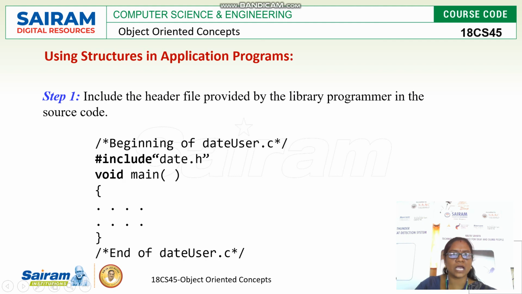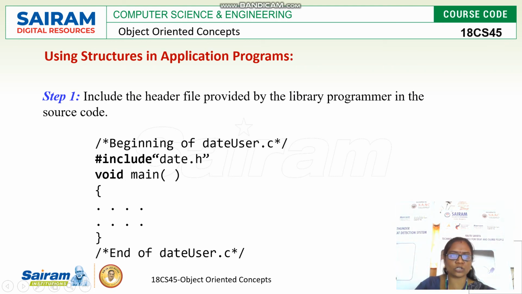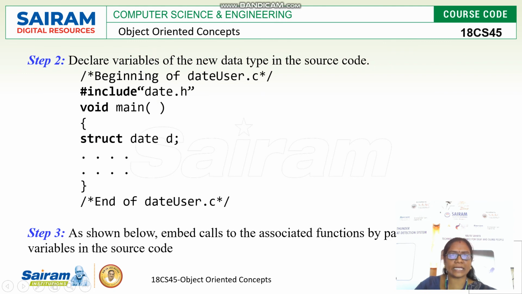First step is, we have to create one header file, with the necessary structures and functions. So in the second step, hash include the header file, void main, with the date of users. Then declare the variable of the new data type in the structure. Next, whatever function we want to use, that member function should be declared.